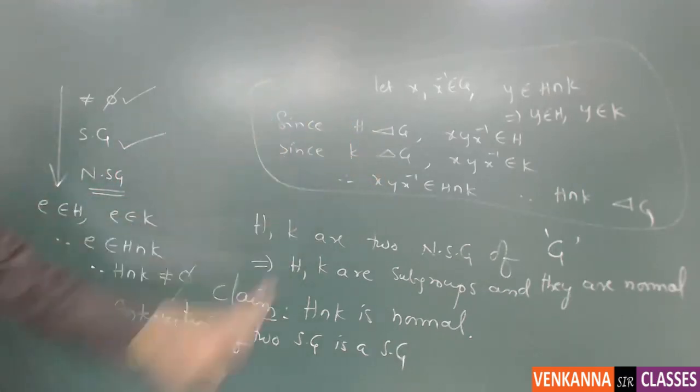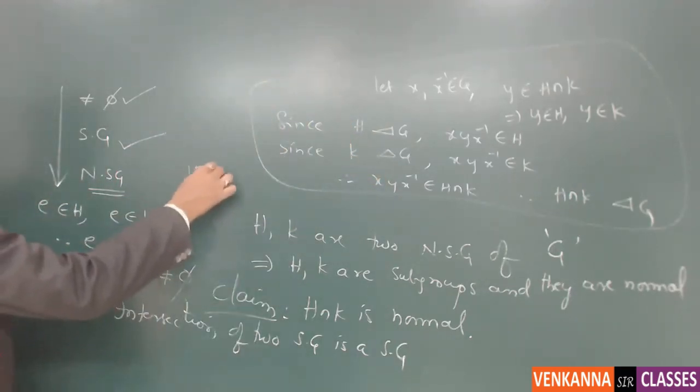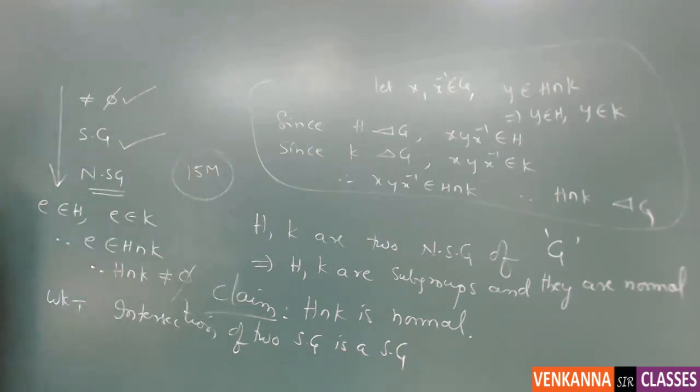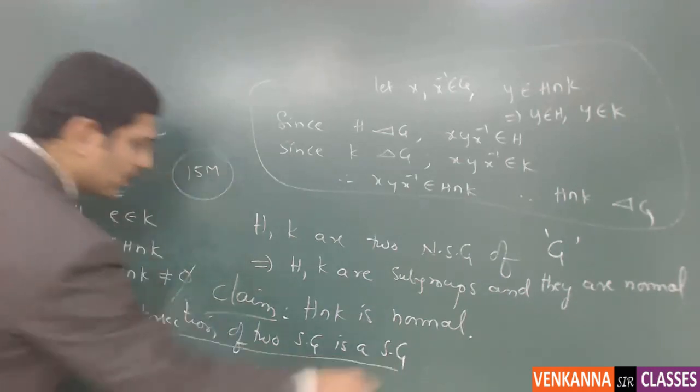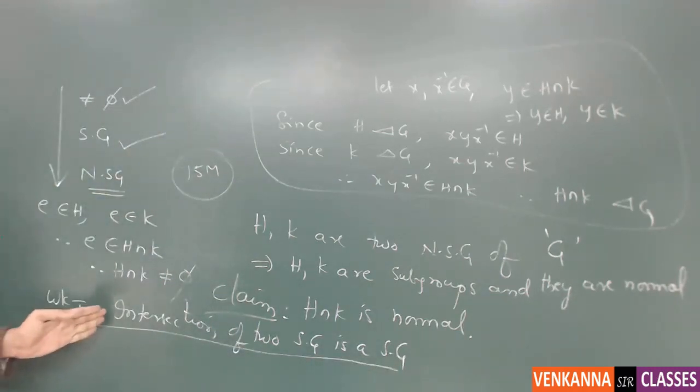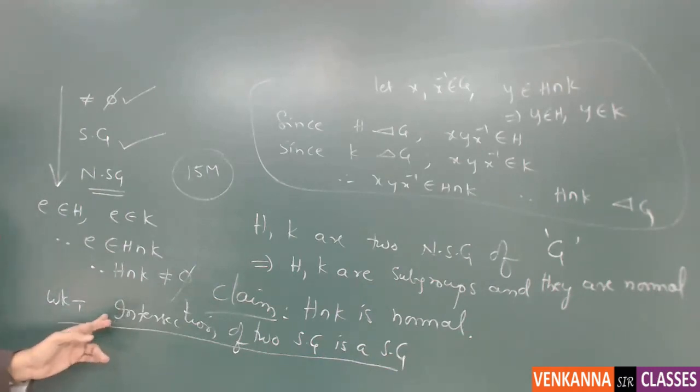If the question is given for 15 marks, then as you have mentioned, the intersection of two subgroups is a subgroup, that you are going to prove again. This part you have already done. Can you recollect the proof right now?